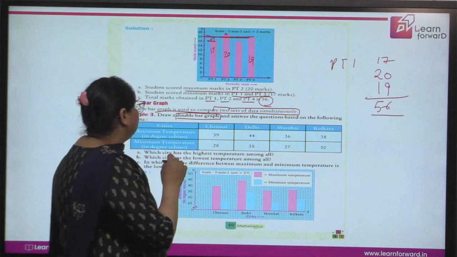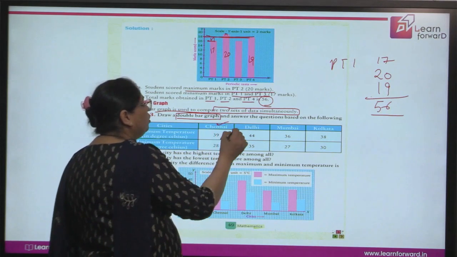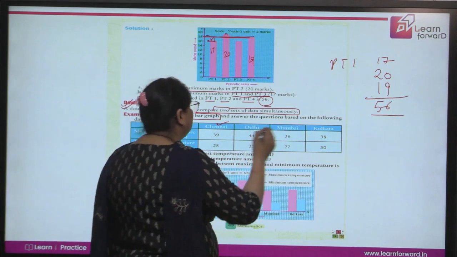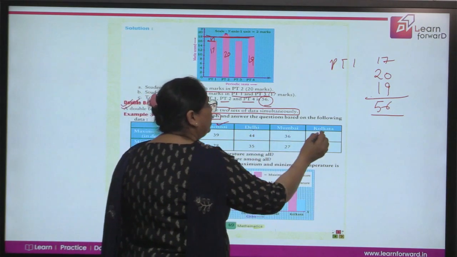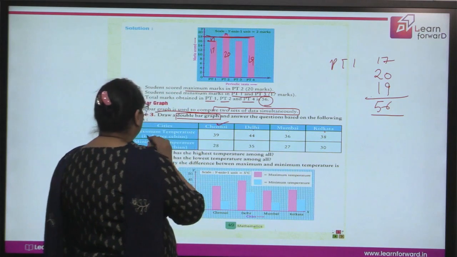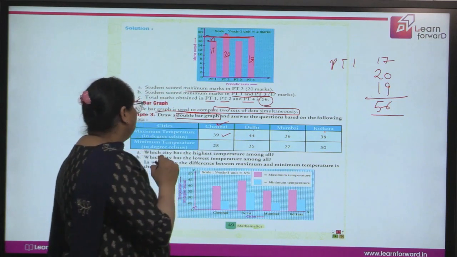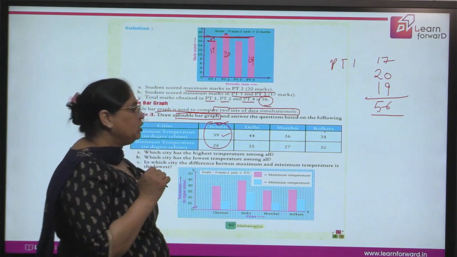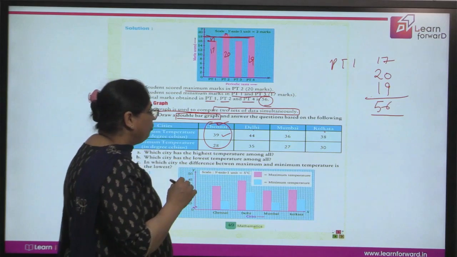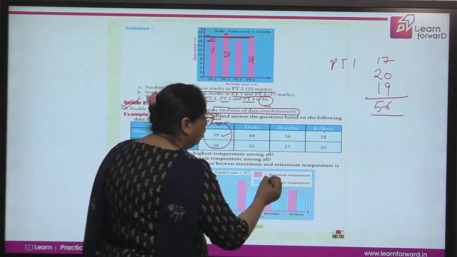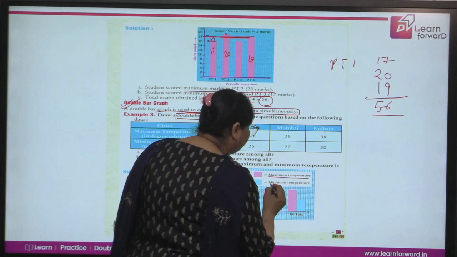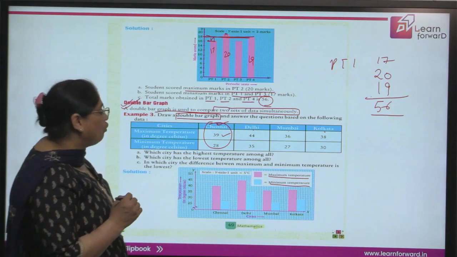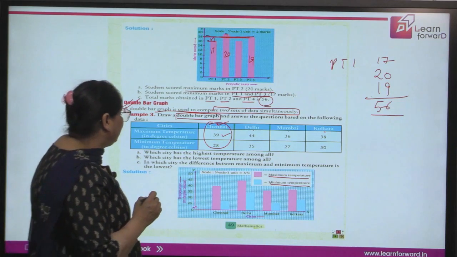Suppose we are representing the minimum and maximum temperature of four cities: Chennai, Delhi, Mumbai and Kolkata. We are representing the data on the same graph, and the color of the maximum temperature we have taken as pink, and the blue shows the minimum temperature for that city.